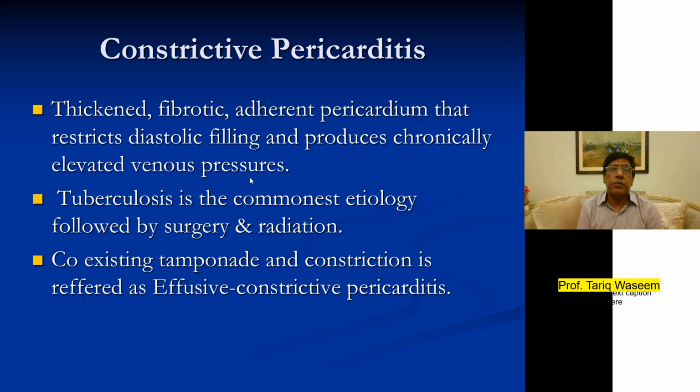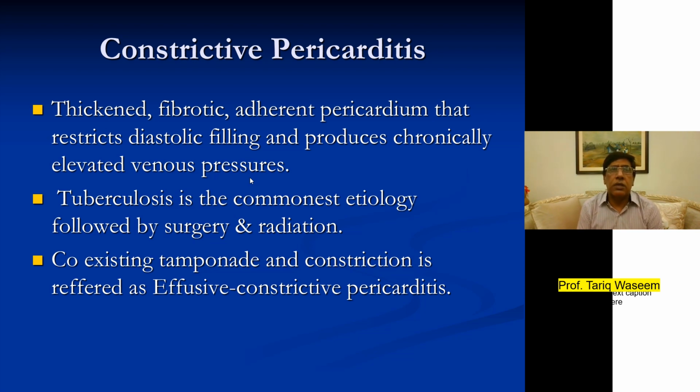The elevated venous pressure on the right side would mean an elevation of JVP, and this back pressure then leads to distension of the liver, development of ascites, and of course development of pedal edema as well.